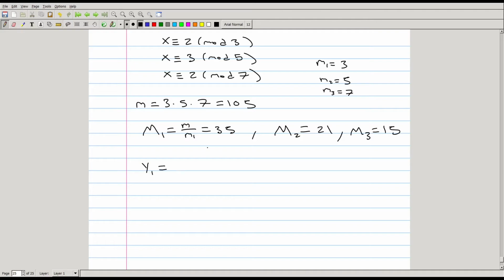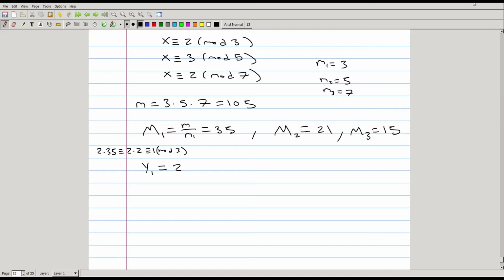So y1, the inverse of 35 modulo 3, is going to be equal to 2, because 35 times 2 is 70, modulo 3 is going to be 1. This is because 2 times 35 is congruent to 2 times 2, which is congruent to 1 mod 3.